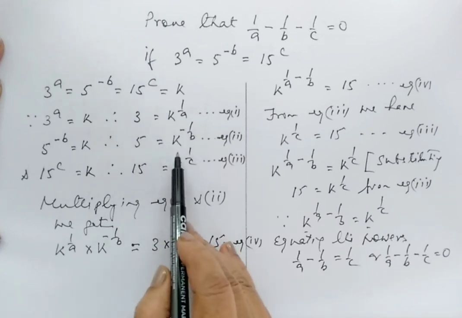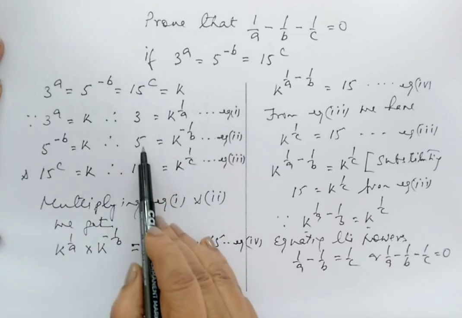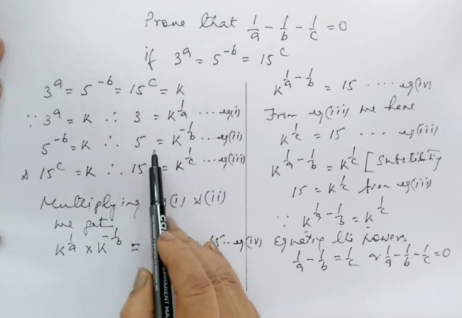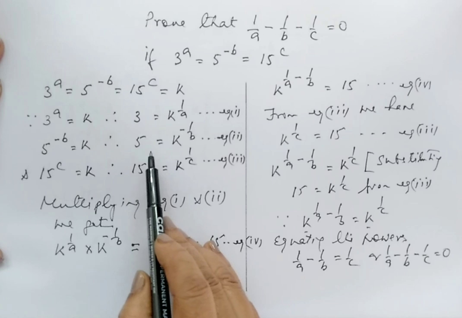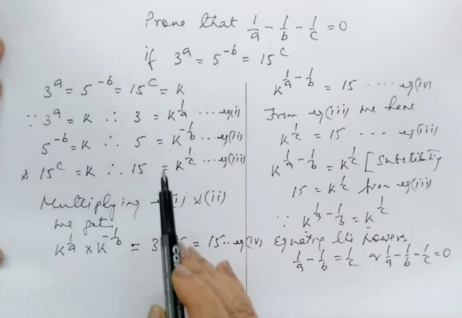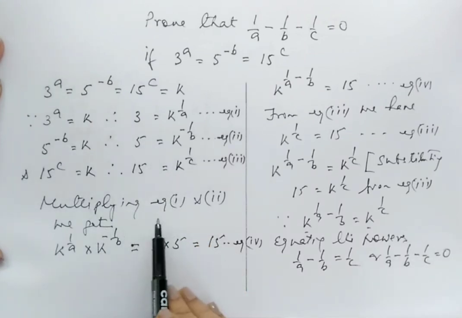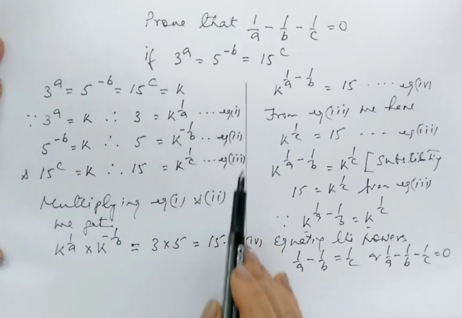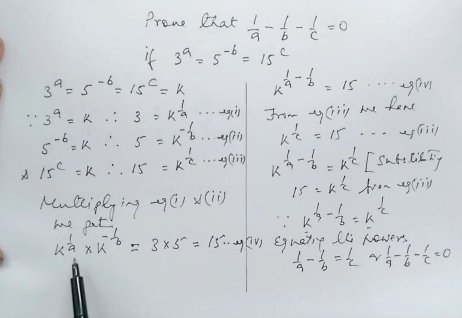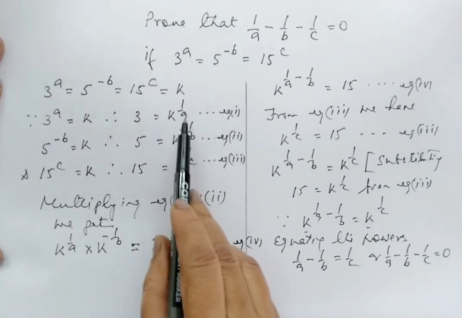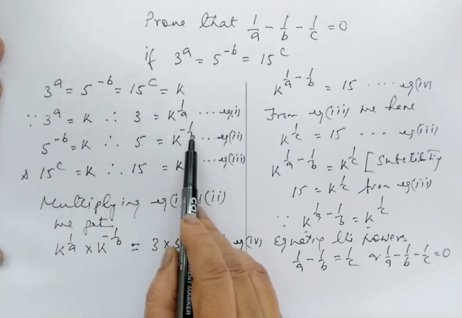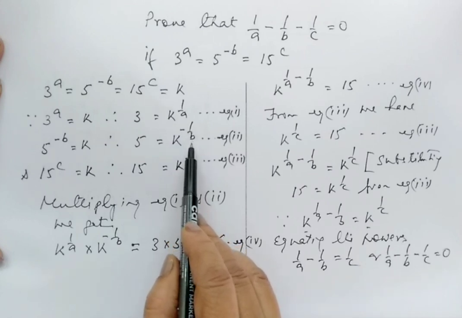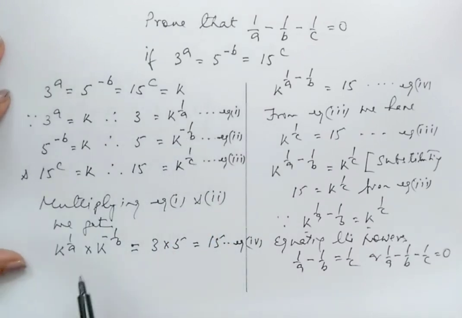So most likely we have to find the product of these two to be able to reach 15, so that we can use it for further solving the sum. Which is why I have tried to multiply equation 1 with equation 2, and hence we got k to the power 1 by a multiplied by k to the power 1 by b.